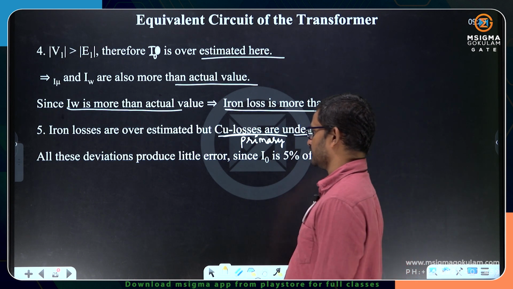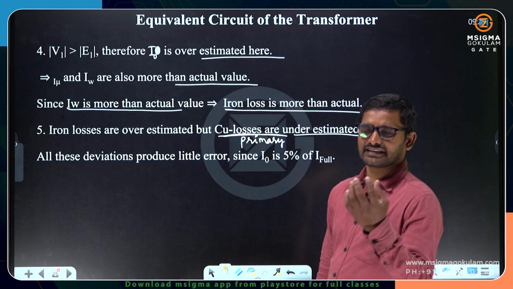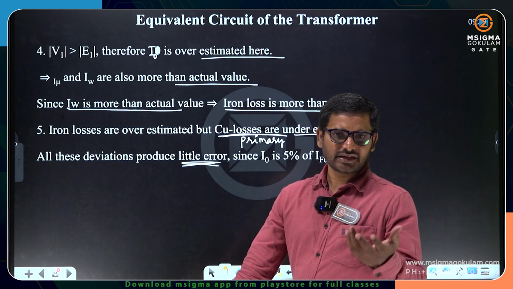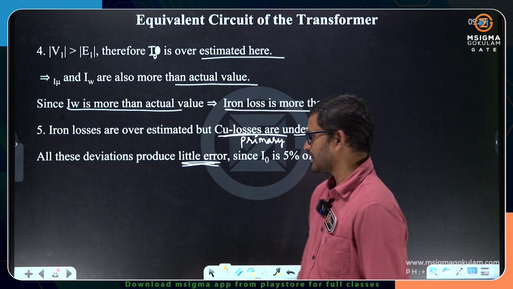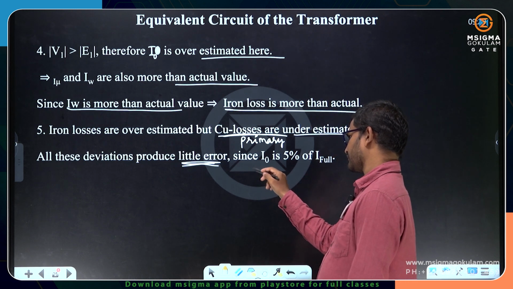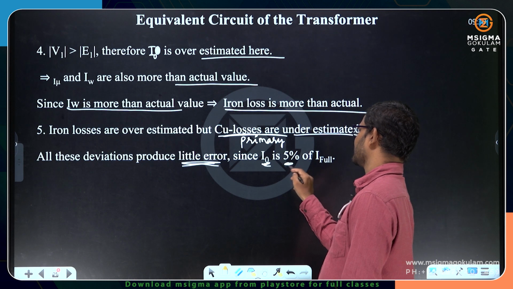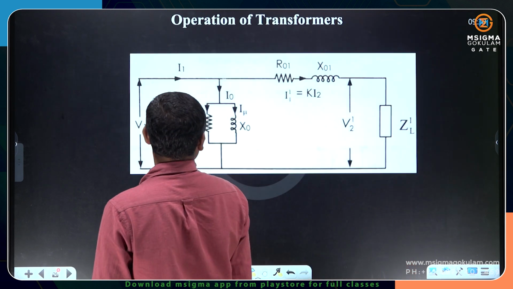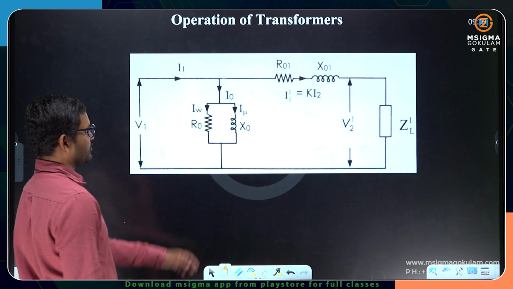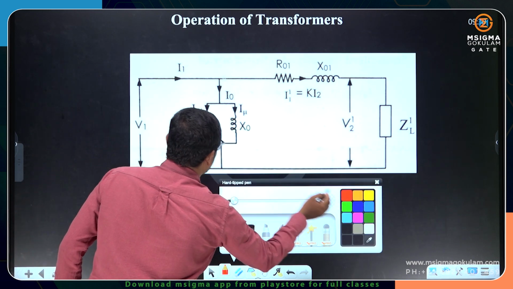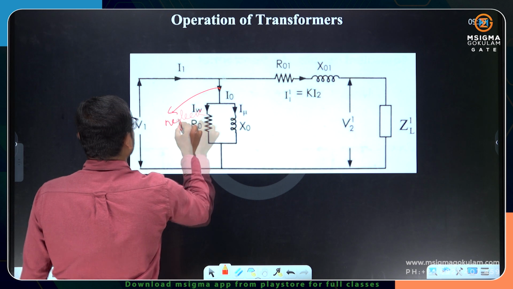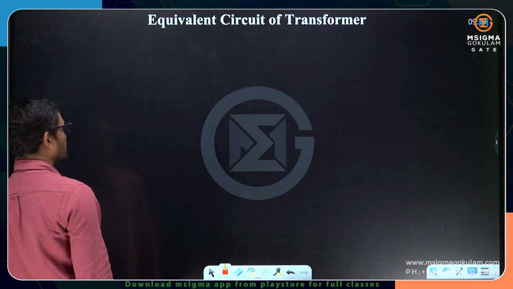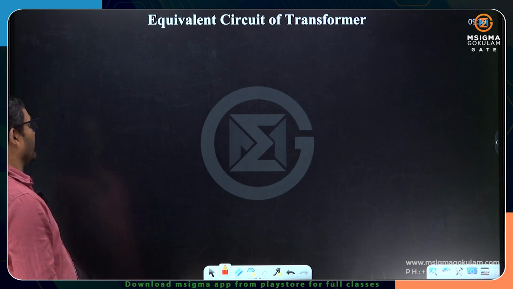So these deviations don't create a bigger change. It's a little error that can be afforded because I naught is a very small current. Of course you can still neglect this one, as I have shown already, since it is a very small current, and you can draw the equivalent circuit. Okay, fine.